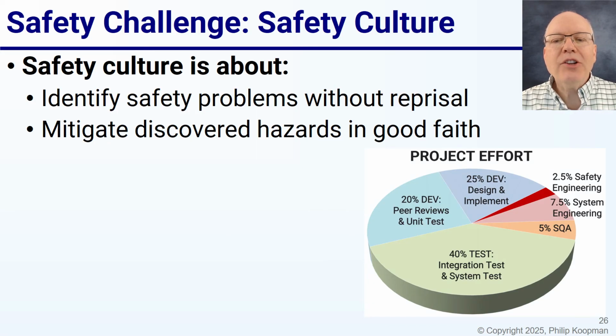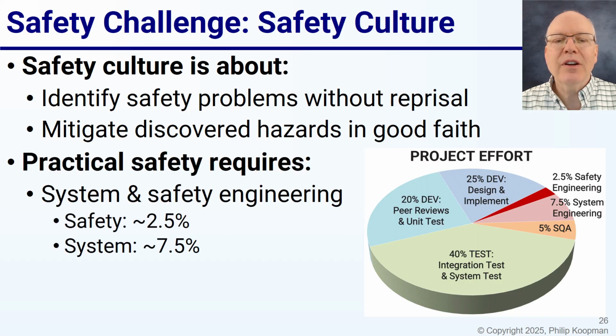Now, I have a pie chart of the different amounts of efforts that are spent on safety, and this is not the talk where I'm going to go through how I got all these numbers. These are based on an industry benchmarking survey, but the part I want to point out is the safety engineering and system engineering. What we've seen across many organizations, across several industries, is that system and safety engineering together are about 10% of the total project effort, all the way from writing requirements out to finishing testing and shipping.